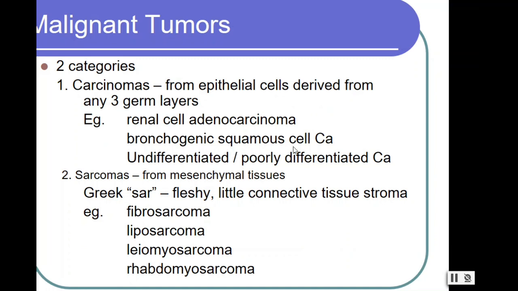Bronchogenic squamous cell carcinoma. This is epithelial in origin. Undifferentiated or poorly differentiated carcinoma. Again, this is epithelial. Pag sarcoma, galing to sa mesenchymal or connective tissue like fibrosarcoma, liposarcoma, leiomyosarcoma, pag smooth muscle, rhabdomyosarcoma, pag striated or skeletal muscle.